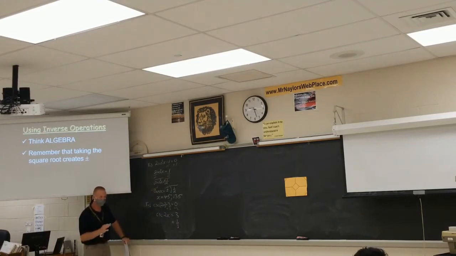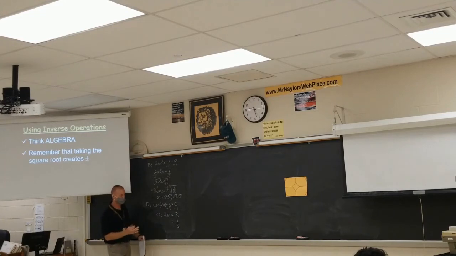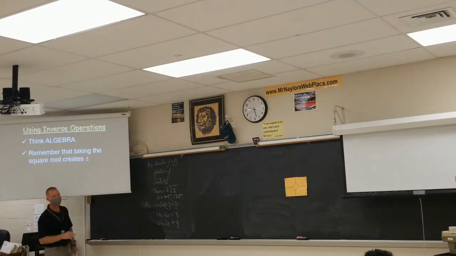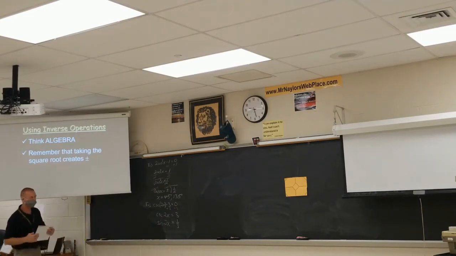If you're wondering how I did that, I just did the reciprocal of 3, because I'm also going to have to do the reciprocal of this side. The reciprocal of cosecant is sine. This is a little fancy, but what I've done is the reciprocal of both sides, which is totally legal.